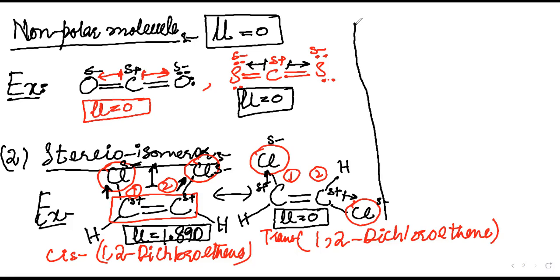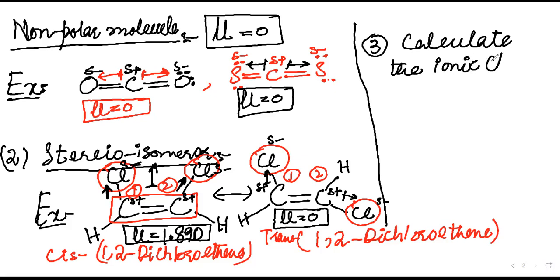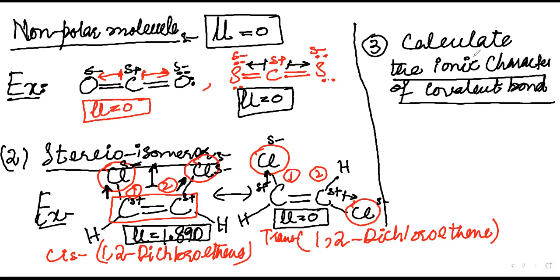Next, we move on to the third application: calculating the ionic character of a covalent compound. In a covalent compound, some ionic character is present due to electronegativity difference, and that must be calculated from the dipole moment value.